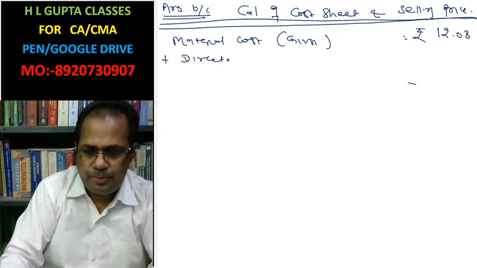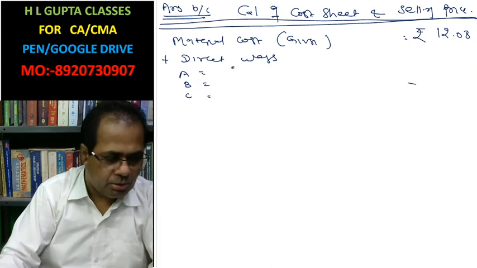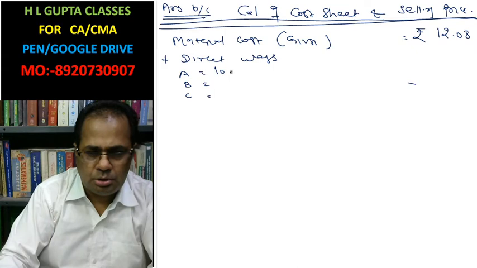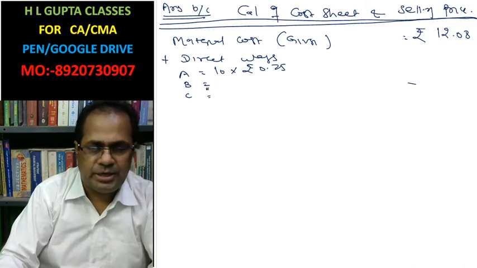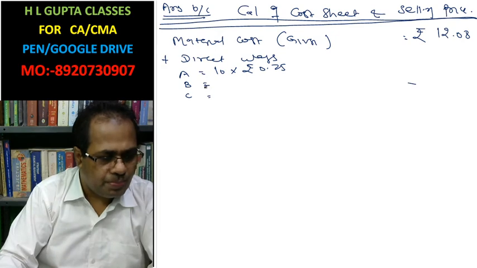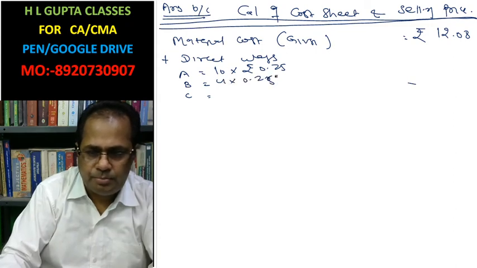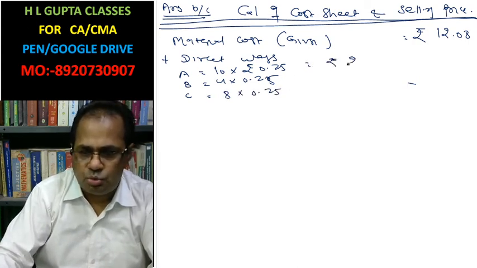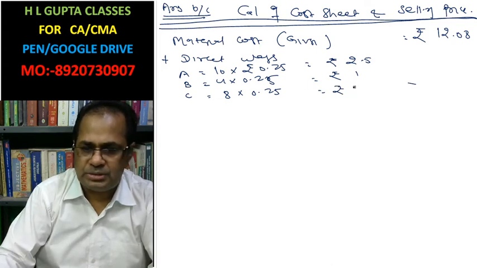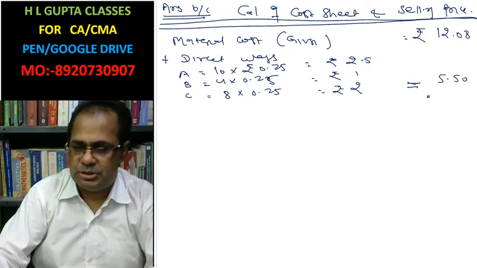Add direct wages for A, B, C: 10 into 0.25, 4 into 0.25, 8 into 0.25, this is 2.5, rupees 1, rupees 2, so this will be 5.50.